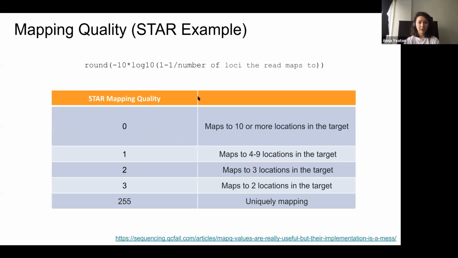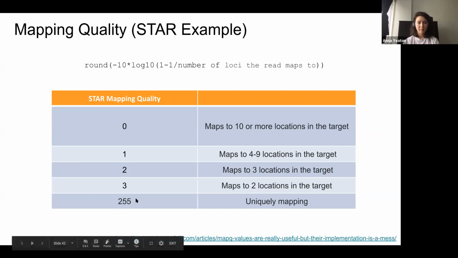But for STAR, when a read aligns to one place, like a uniquely mapping read, it's 255, and 0 is when it maps to a lot of different places. So it's important when you're filtering your alignments after you align. If you're only looking for regions that are uniquely mapped, if you're using BWA or STAR, the number that you're going to be filtering for is going to be different.